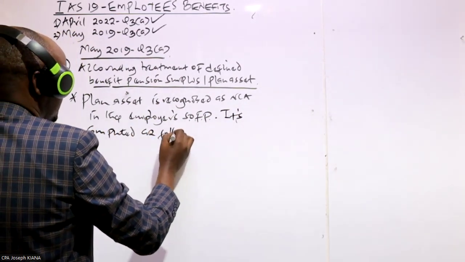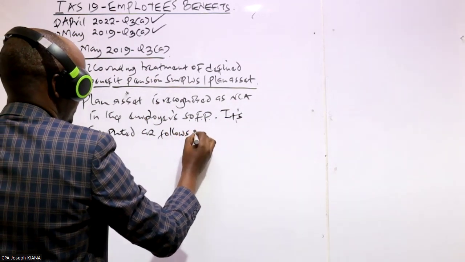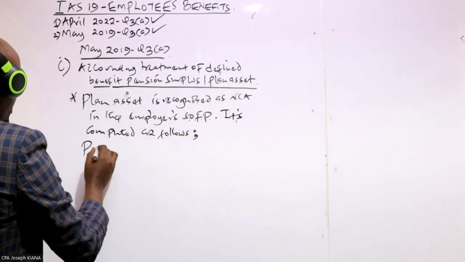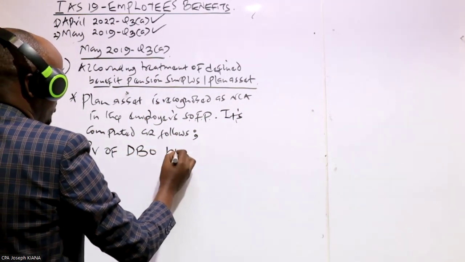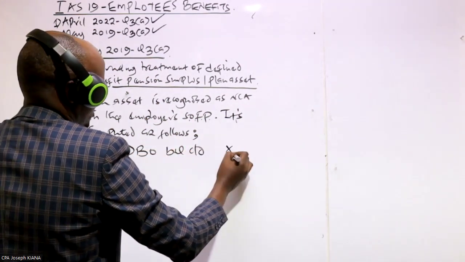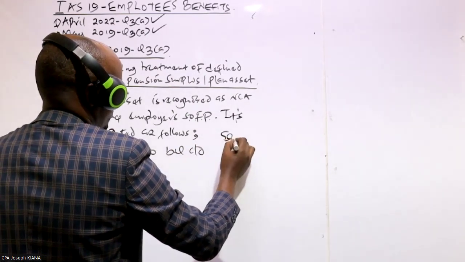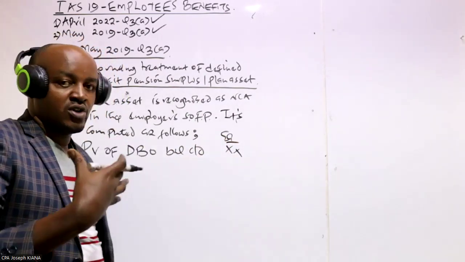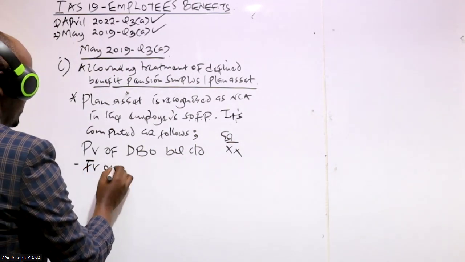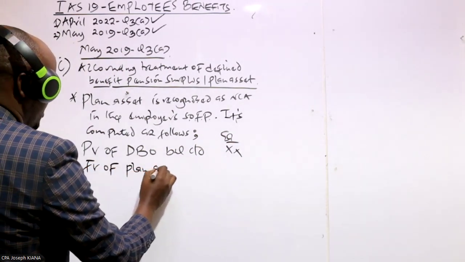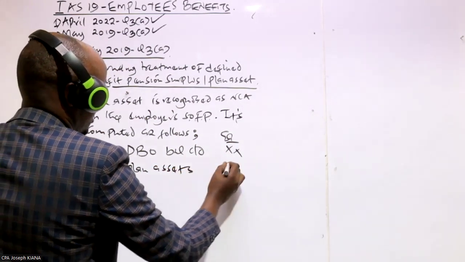It is computed as follows. To compute this, we take the present value of defined benefit obligation, balance carried down, simply because the statement of financial position is usually prepared at the end of the year, and then to this we less the fair value of the plan asset.